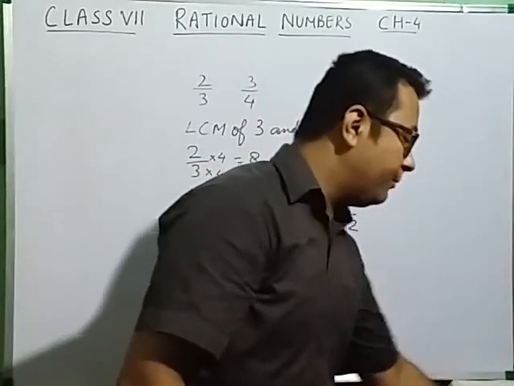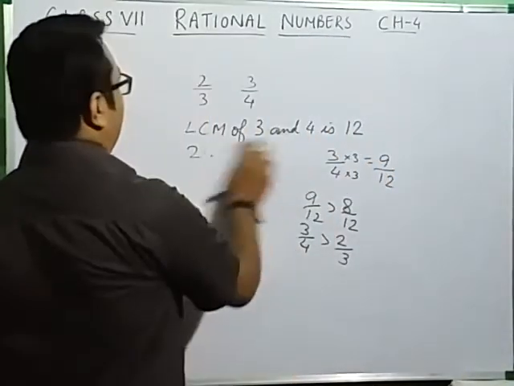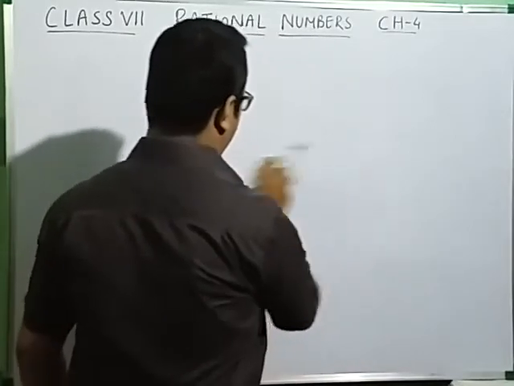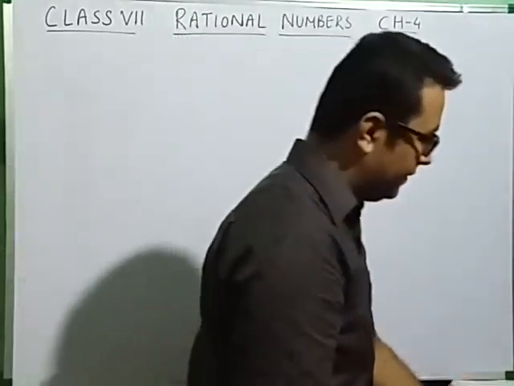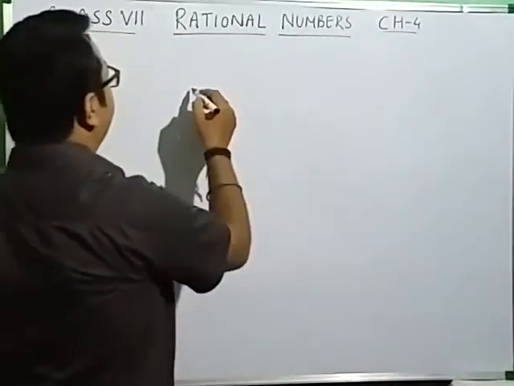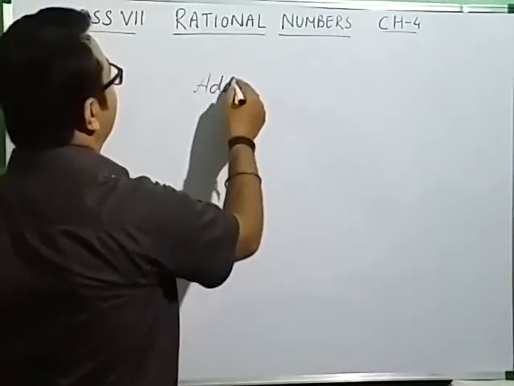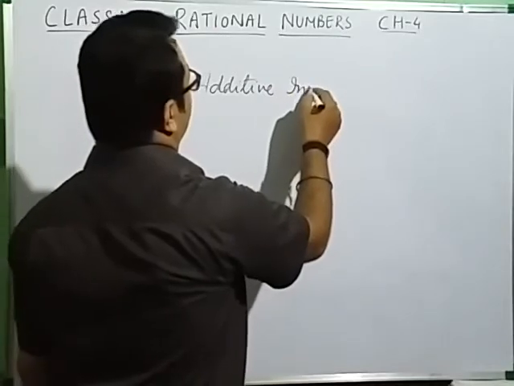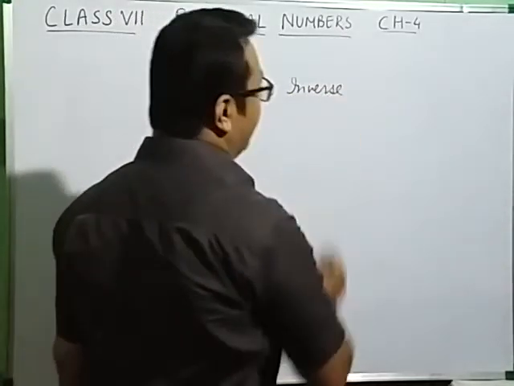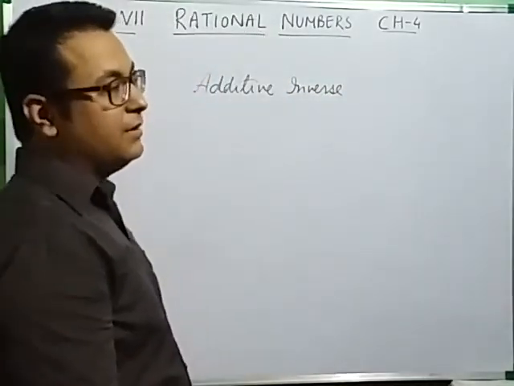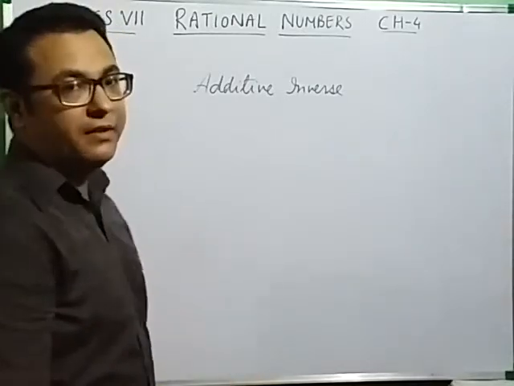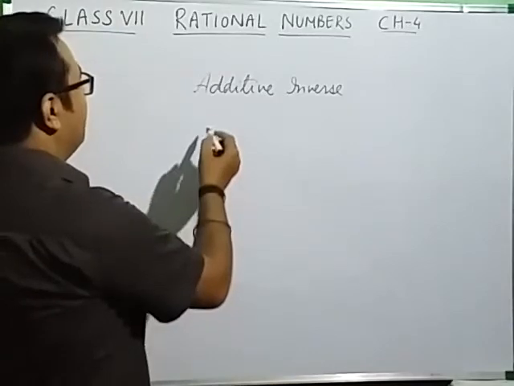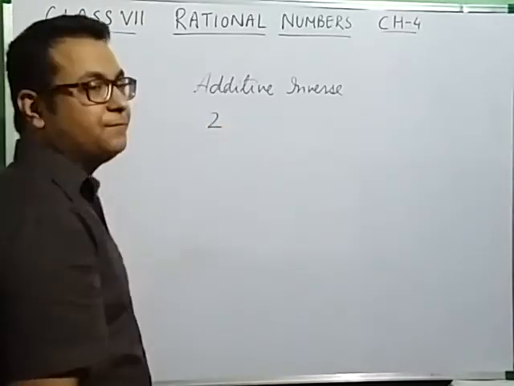Now our next topic is additive inverse. Additive inverse you have studied in previous chapters also. Additive inverse is that number which when added to a given number, the result is 0. Suppose the given number is 2.